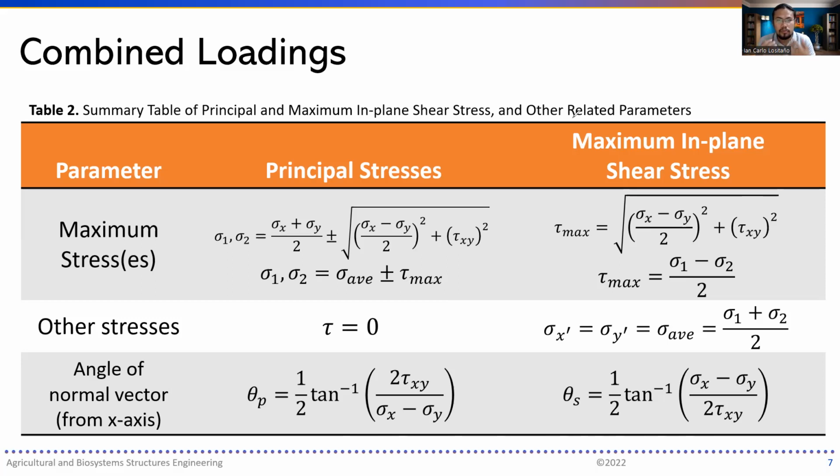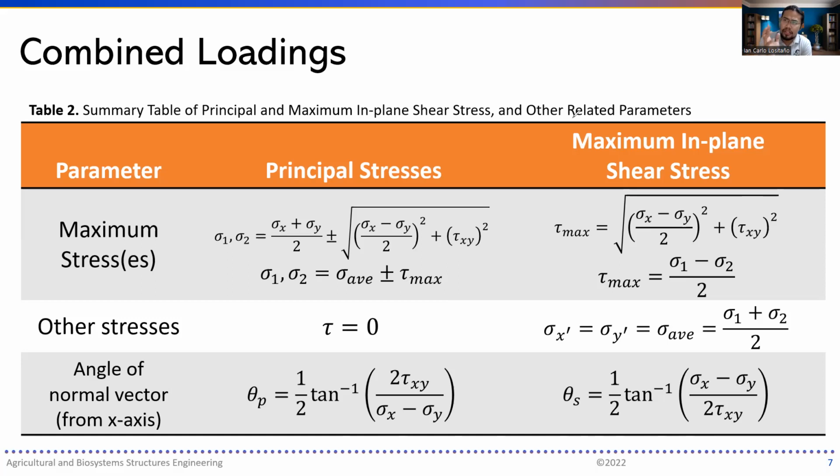But you have your principal stresses, and these are the maximum normal stresses that the body will encounter. So you have the normal stresses and the shear stresses computed for a body. But when you combine them together, you get your principal stresses, which are actually bigger than your normal stresses computed. And you have also your maximum in-plane shear stress.